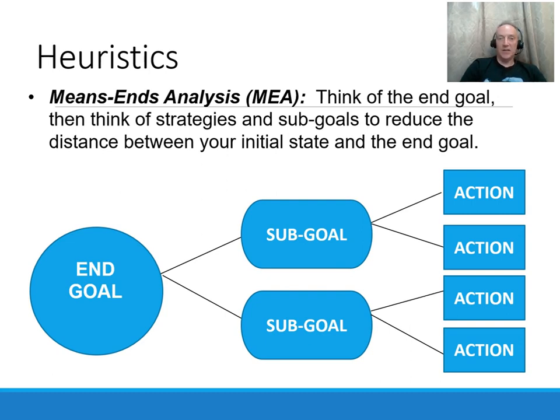So an easy way to get an A might be to cheat, to talk to somebody who had that class in the previous semester and get all the answers, and you do only the bare minimum that you have to, and you accomplish the goal. But again, it's not guaranteed to be the best solution, which is why it is considered a heuristic.